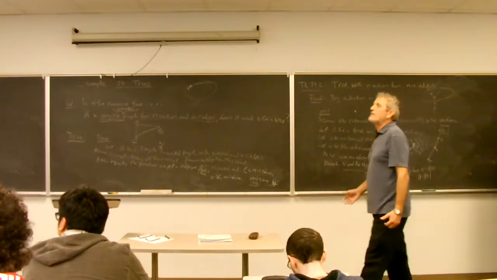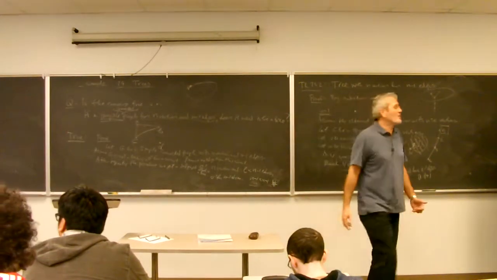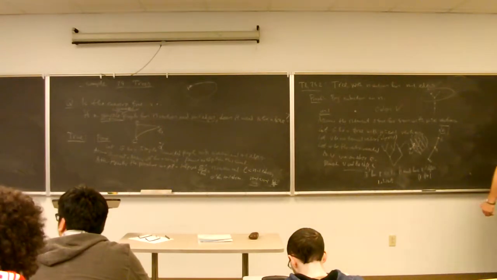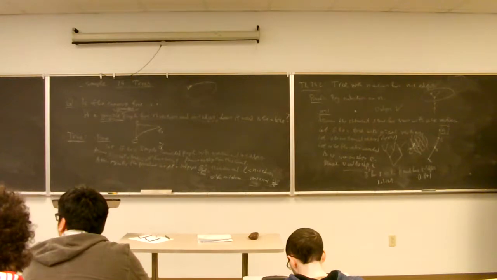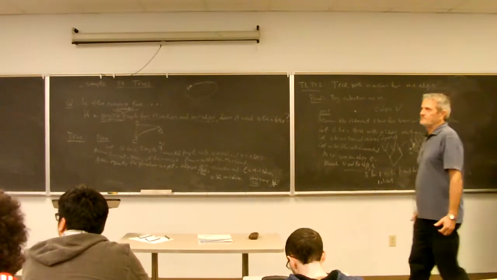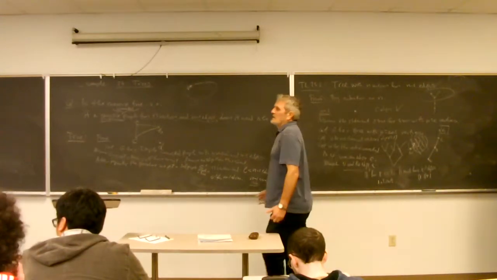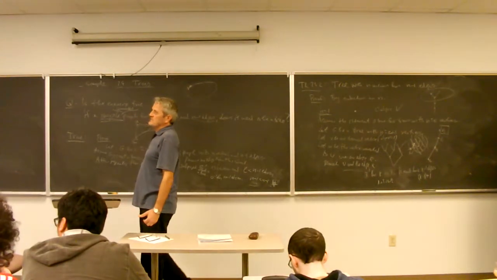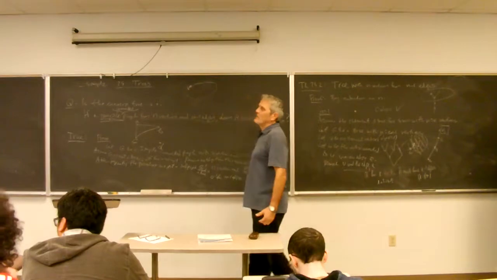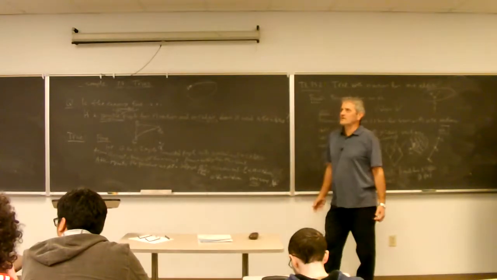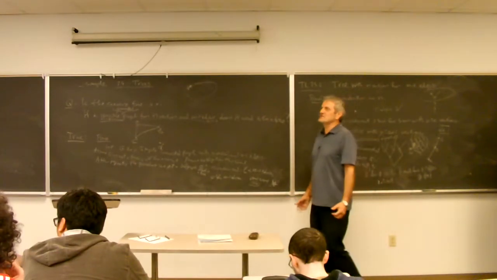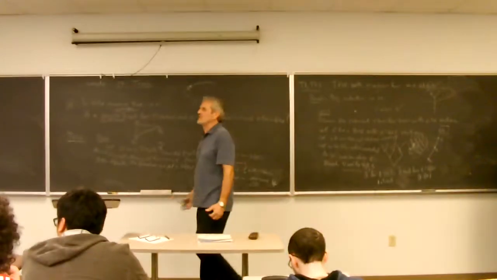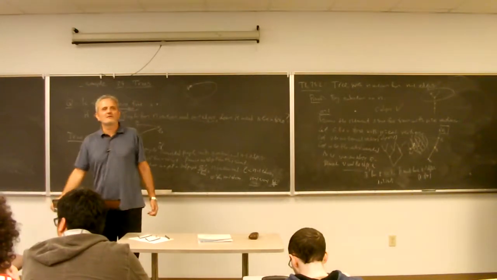All right, here is an interesting theorem about full binary trees. The theorem says the following: let T be a full binary tree. T has an odd number of vertices. If the number of vertices is 2k plus 1, then k vertices are internal and k plus 1 are terminal.